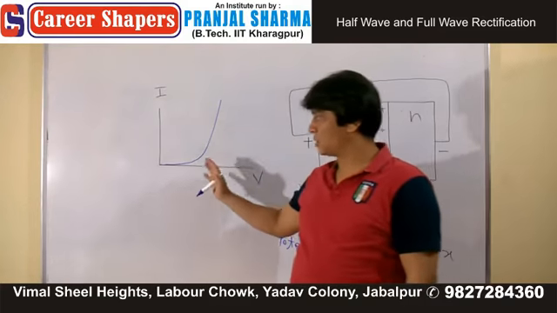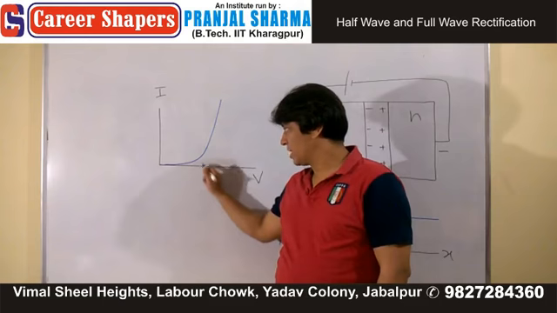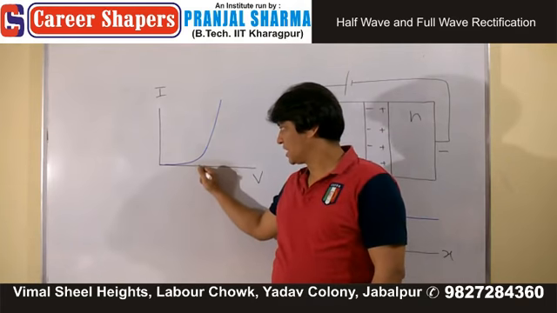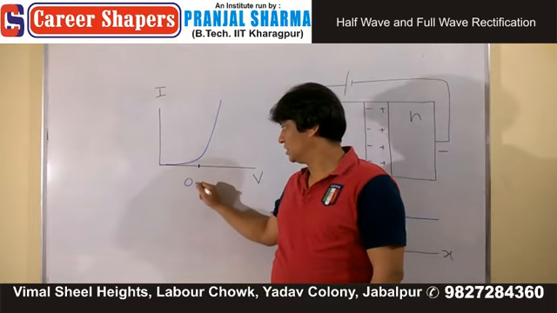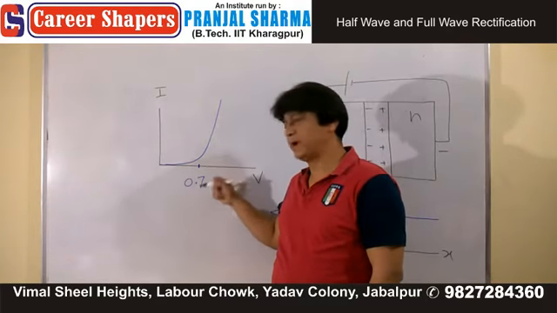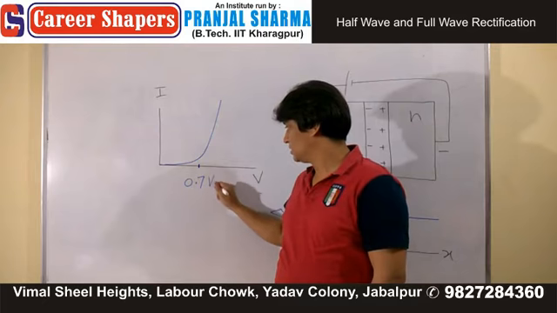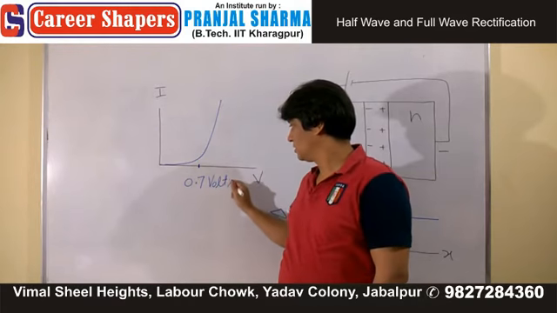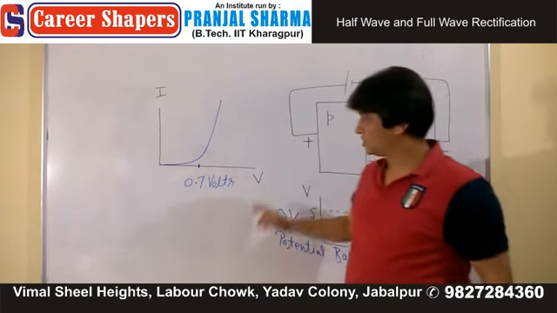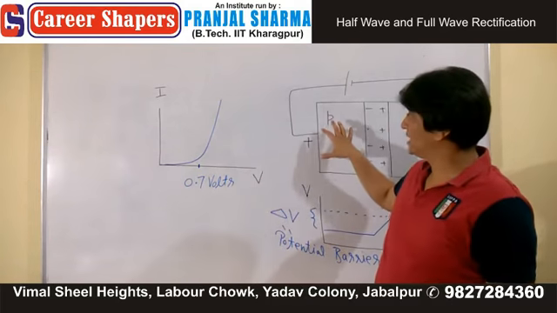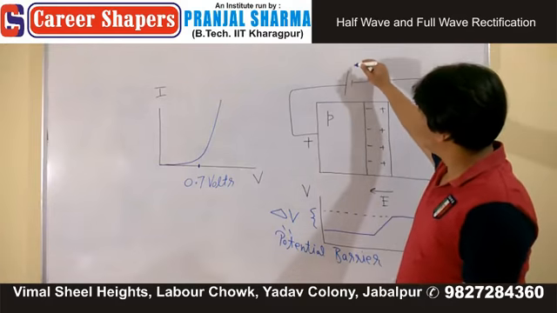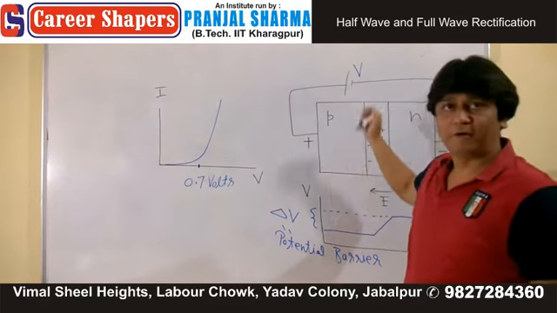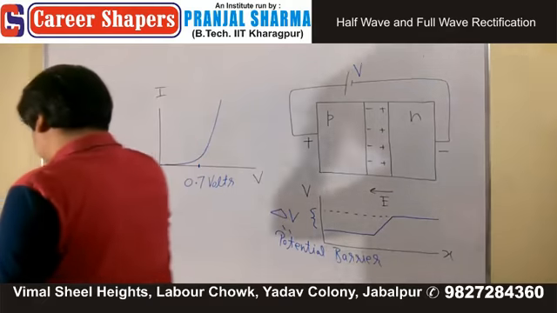But let's focus on the forward bias part. What is this? This I told you for silicon. This is around 0.7, 0.6 volts. What is V? V is the potential difference of the external source.